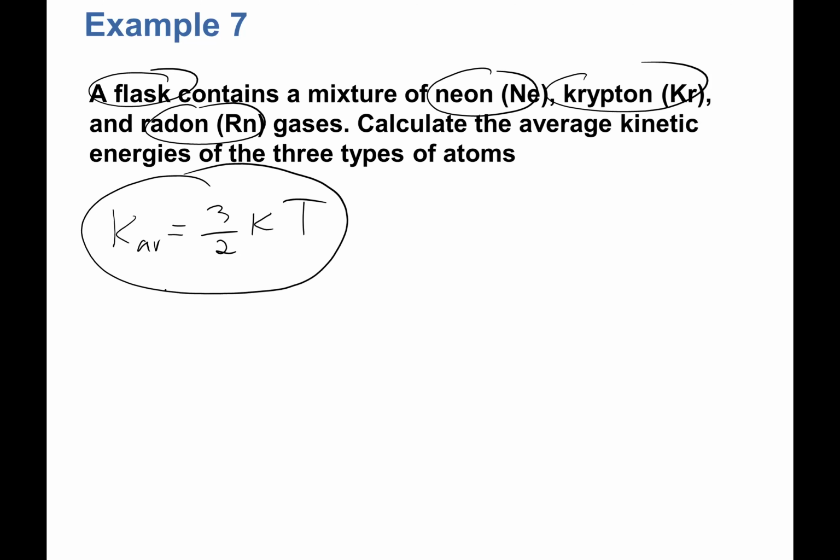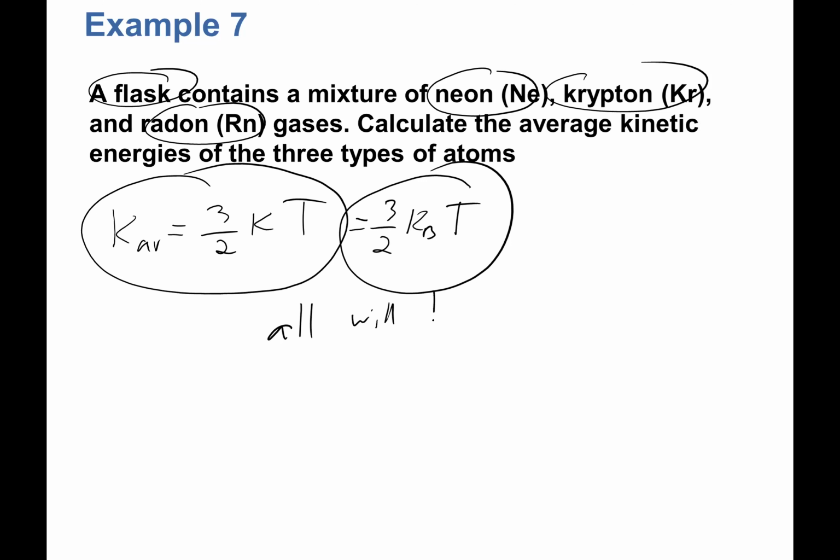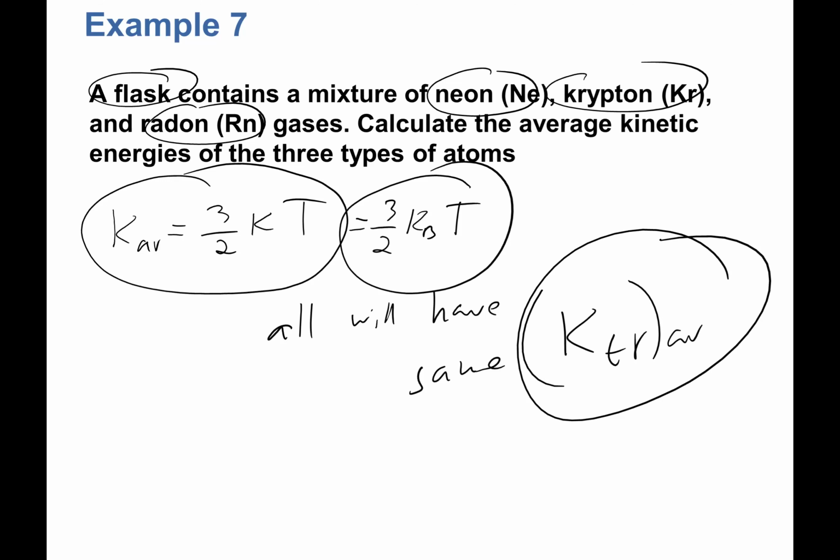They individually will be moving at different speeds, but the average kinetic energy is 3/2 times the Boltzmann constant times temperature, whatever it is, we're not given that, but that means they all will have the same translational average kinetic energy. All right, so that's important to understand.